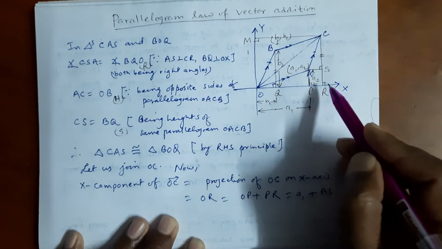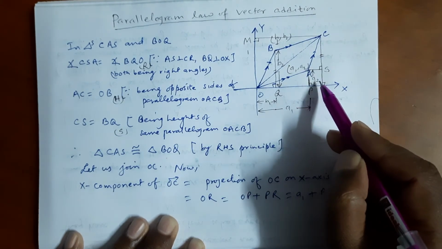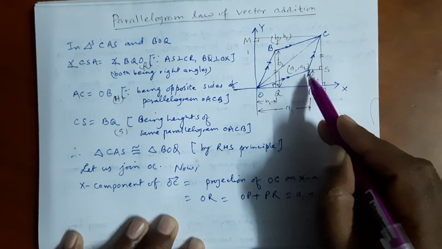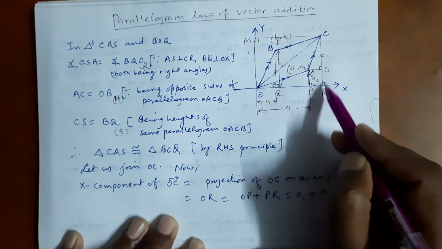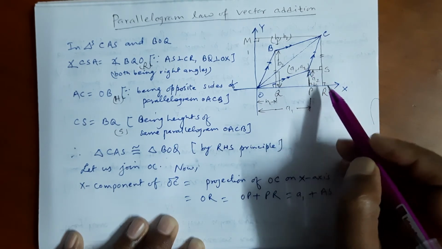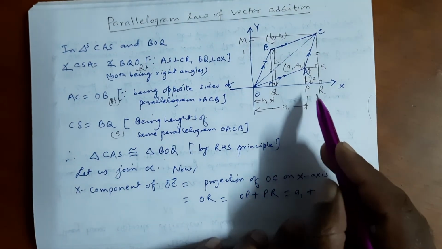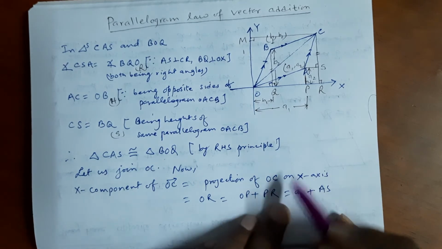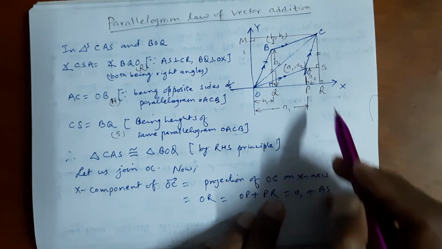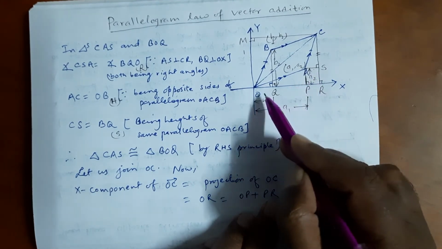Because this angle is 90 degrees, this is also 90 degrees, this is also 90 degrees, APRS is a rectangle, so opposite sides PR and AS are equal. So OP is A1 and PR is equal to AS, and this AS is also equal to OQ.